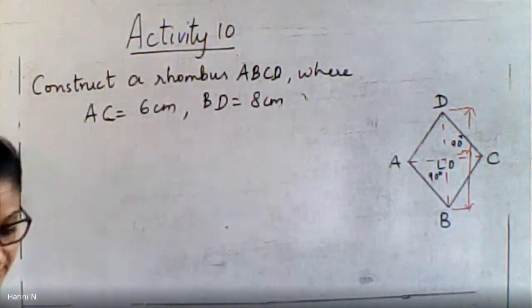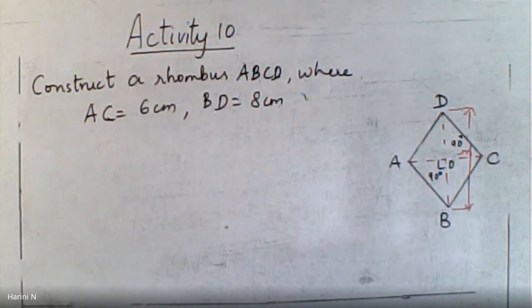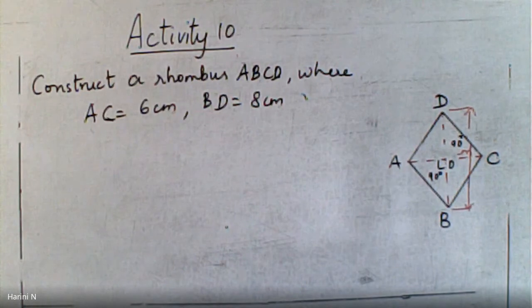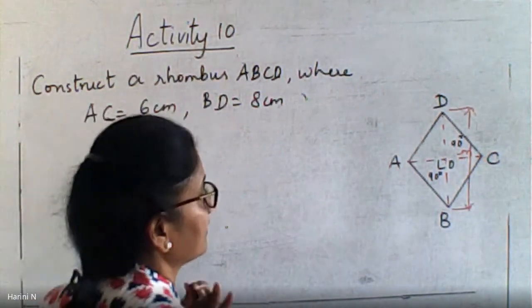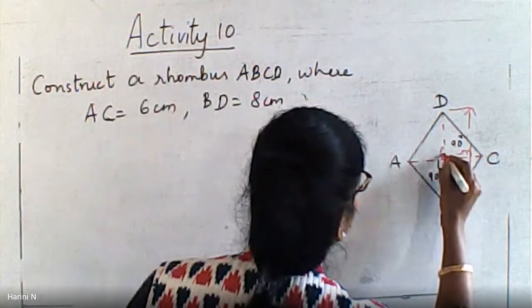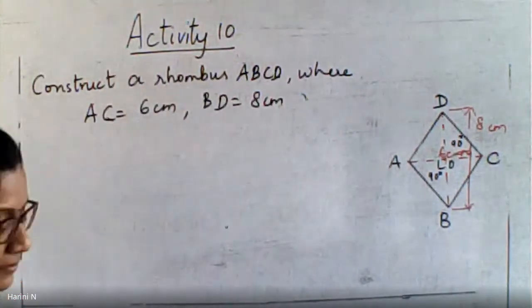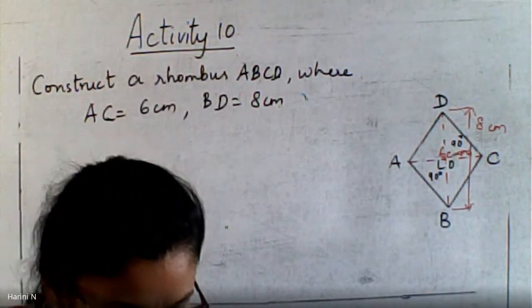I hope it is 8, one minute, I can check. Please make the correction there so that we follow the same steps everywhere. Yeah, it is 8 centimeters only. Correct. Okay, have you made the changes there? AC is 6, and your BD is 8. Alright, shall we go on now?